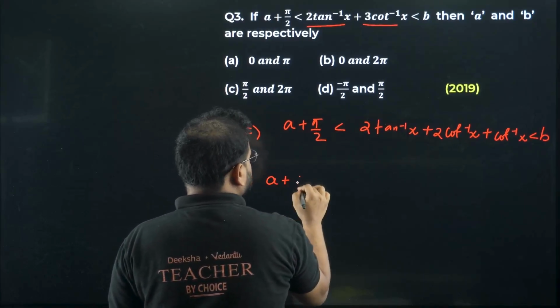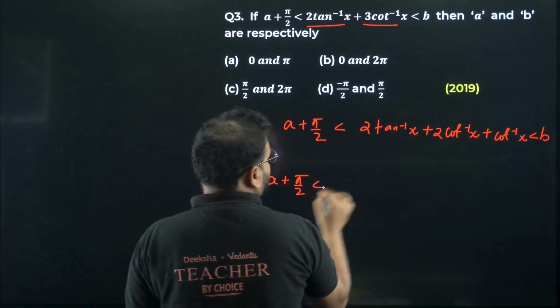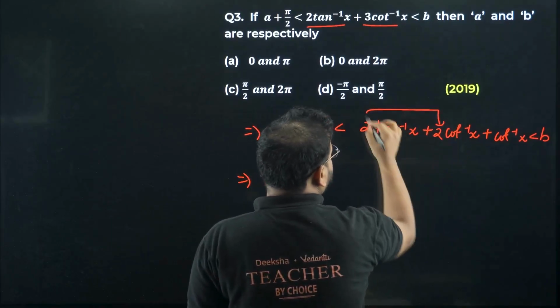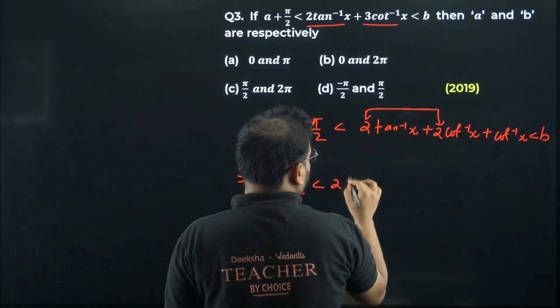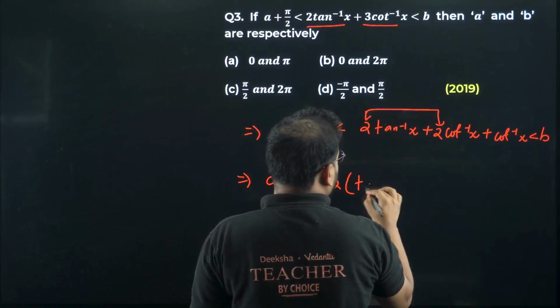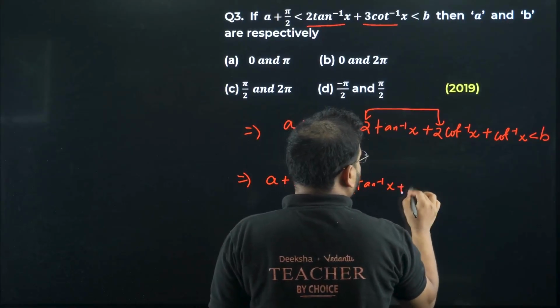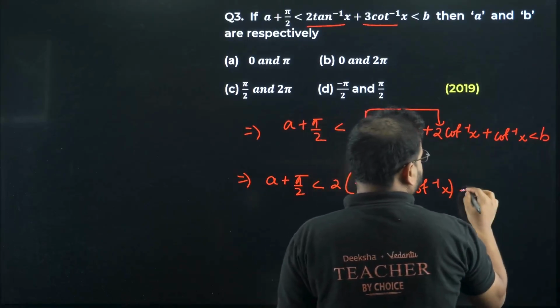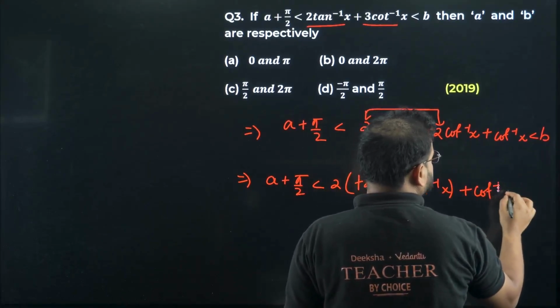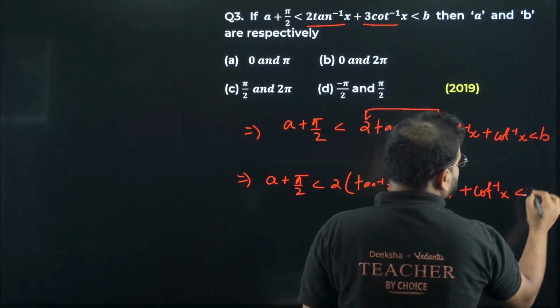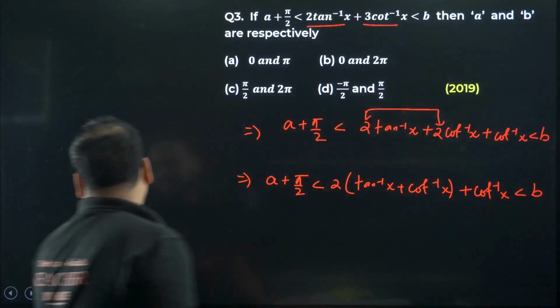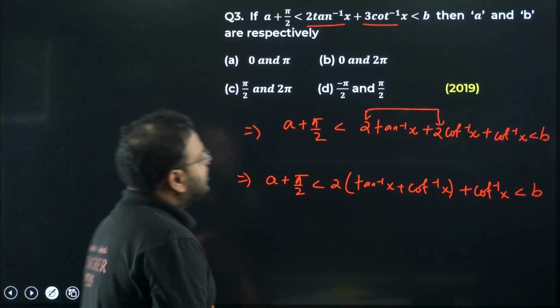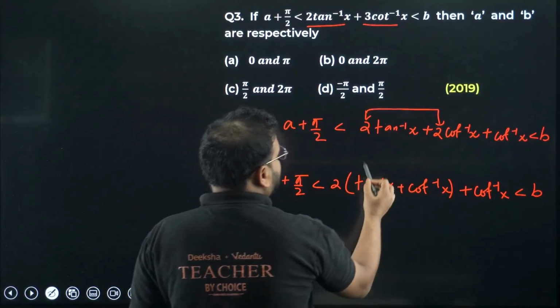A plus pi by 2 less than, take 2 common from these two. I get here tan inverse of x plus cot inverse of x. This last one is left as it is, cot inverse of x, which is less than b.